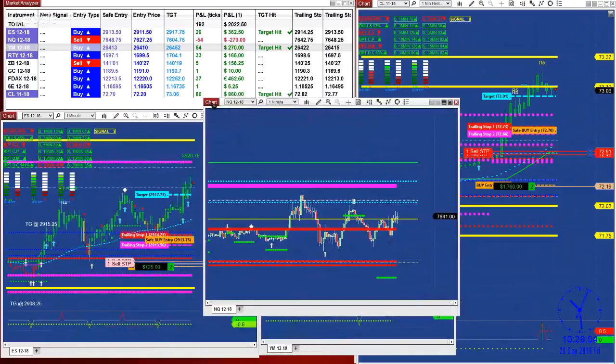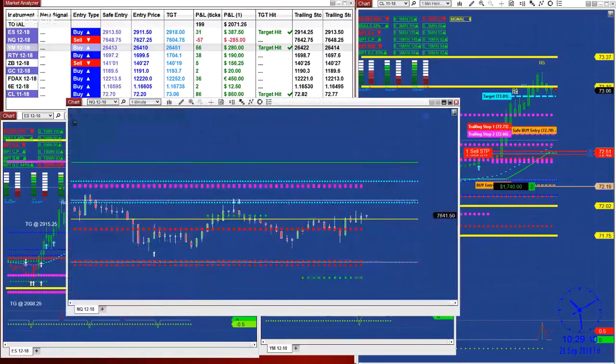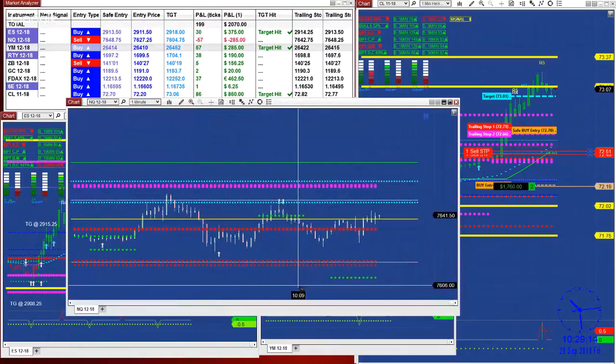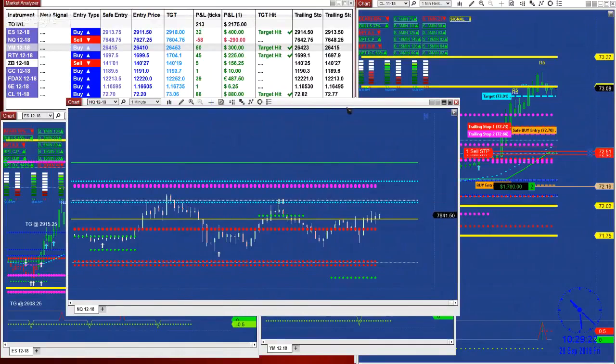So there are no trades with it. There are certain days where that market will not give you money. As simple as that. Not every day the market is willing to give you money, guys.